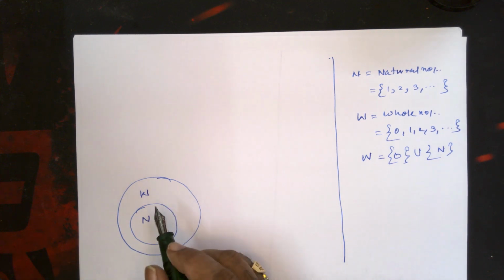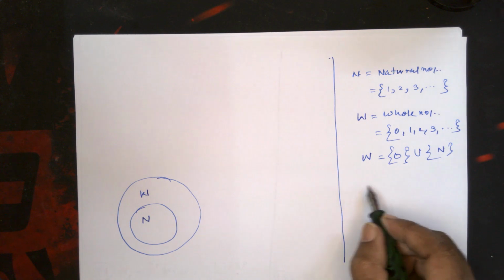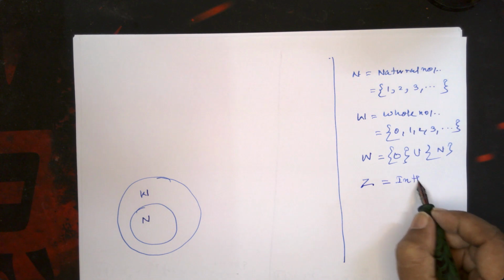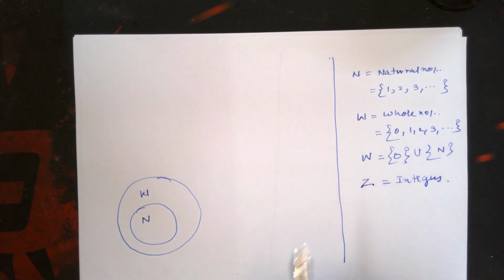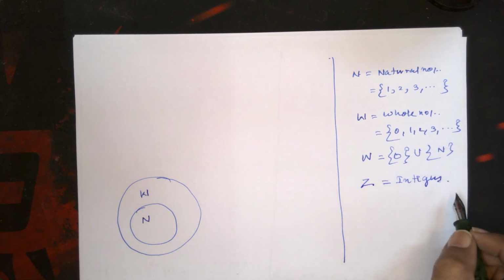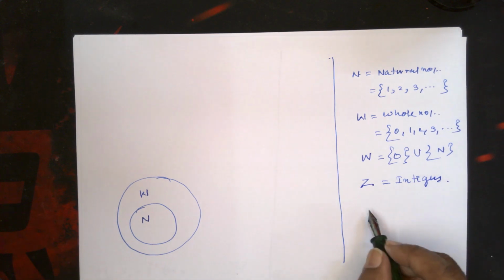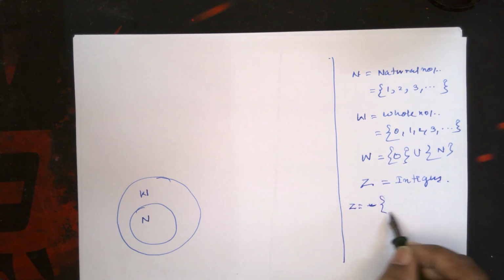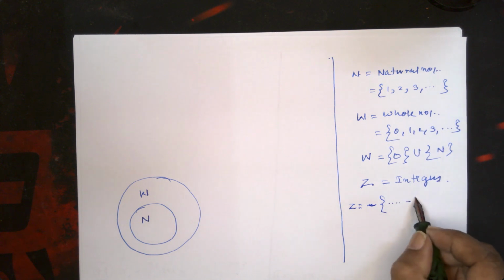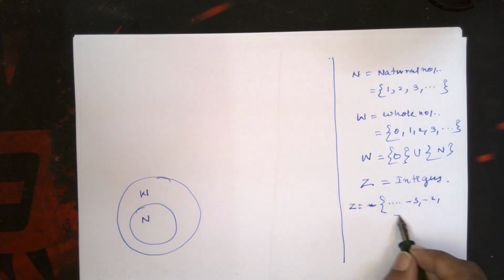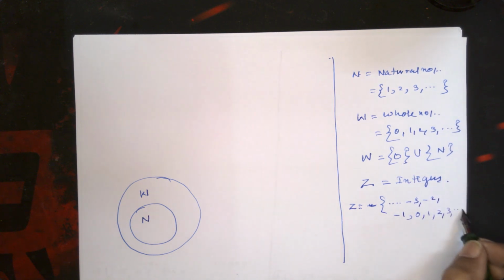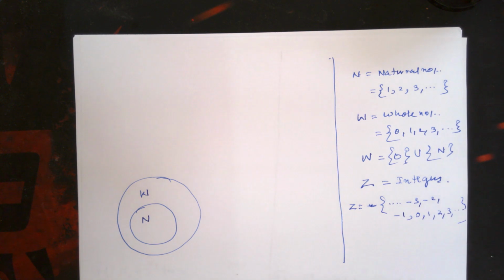Right? Then integers. The integers are represented by Z. So we have here 1, 2, 3, 4, minus 1, minus 2, minus 3, etc. So Z is equal to, you can start with minus 3, minus 2, minus 1, 0, 1, 2, 3, etc. Okay.